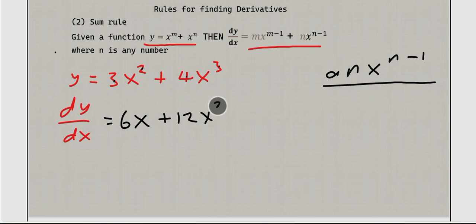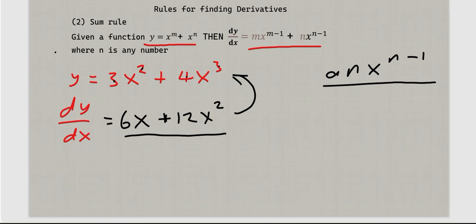Okay, so you'll have 12x squared. So this becomes the derivative of this function there. So ideally, that's the sum rule. You differentiate each part separately and keep the addition sign in the middle just as it is. So that's the sum rule.